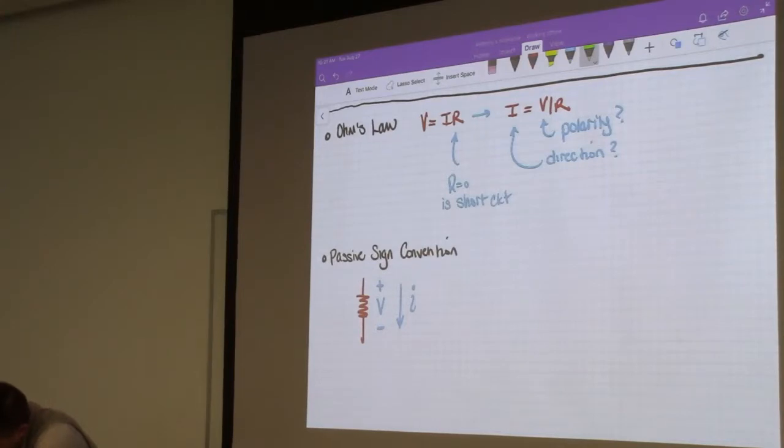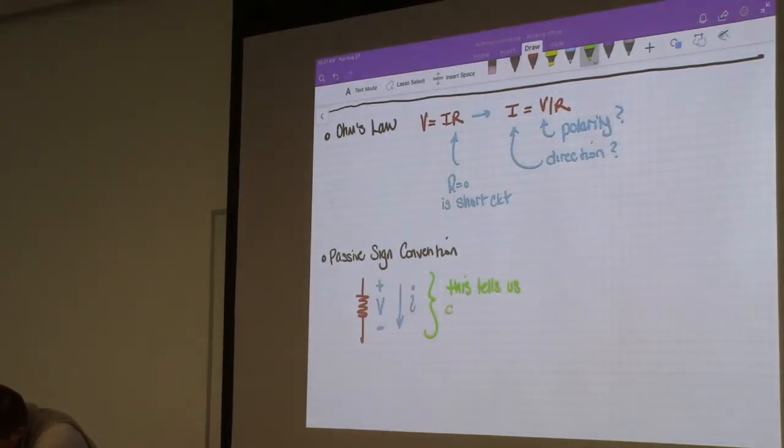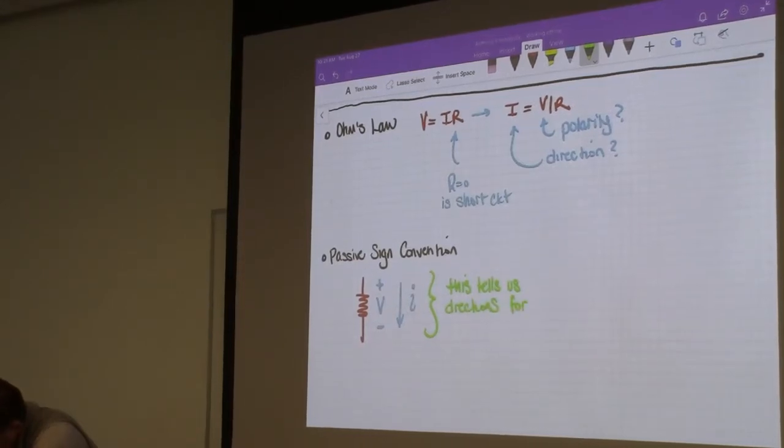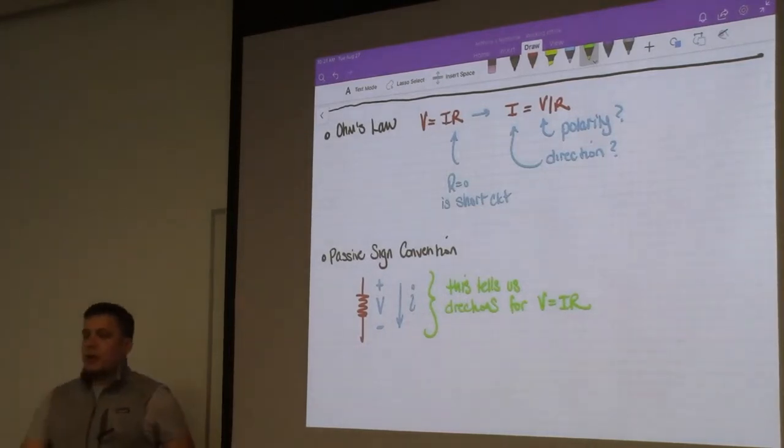So, if we're using V equals IR, those are the directions.